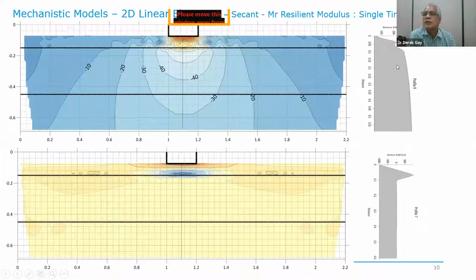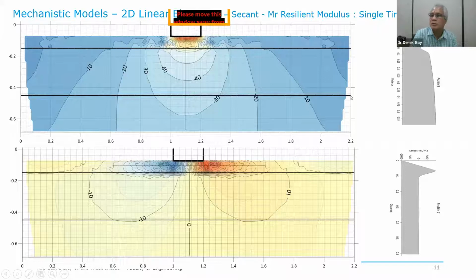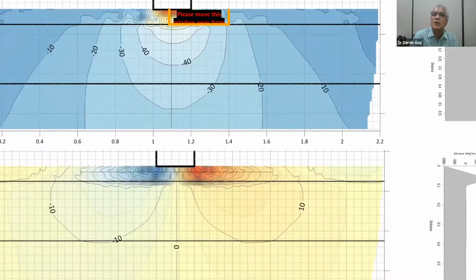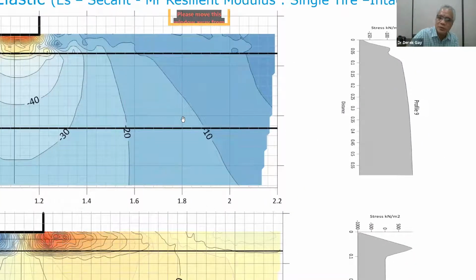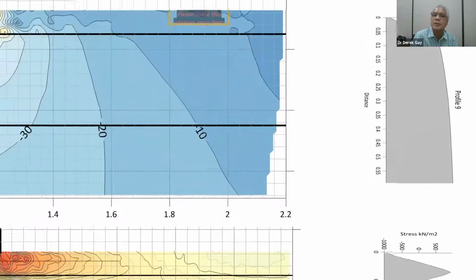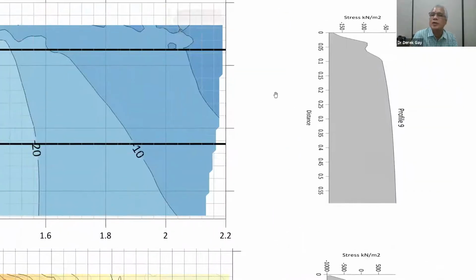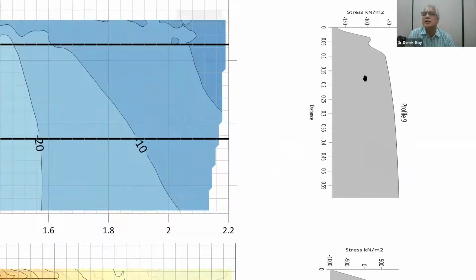If we look to the right of the screen here, you can see my screen is blocked off by the members. If you go over here, I'm trying to get to this. Right. You can see that the stress, read the stress here as 150, maybe 80 as a negative.